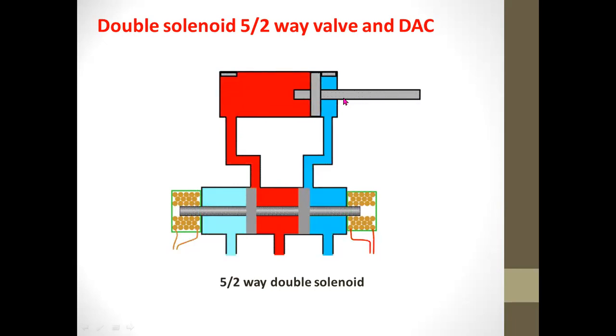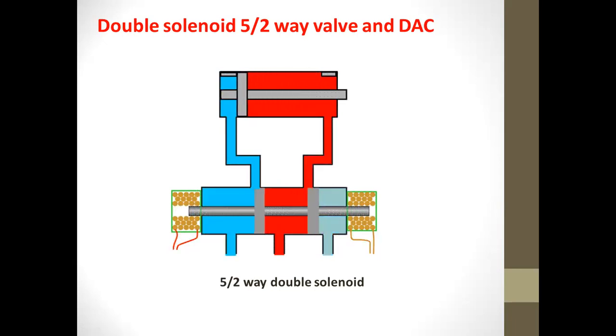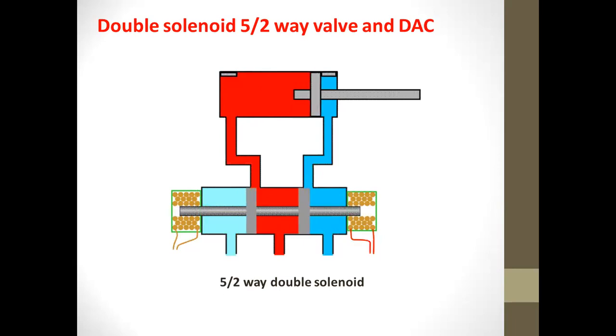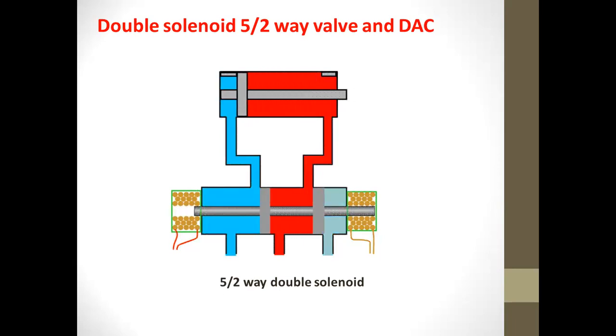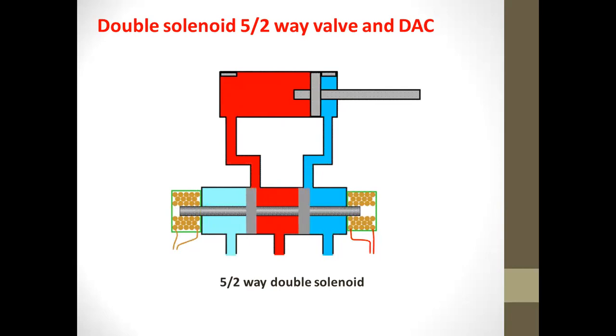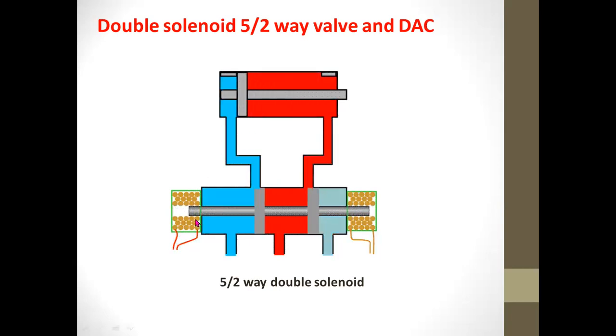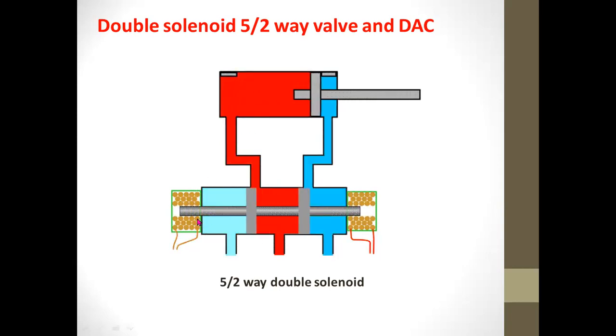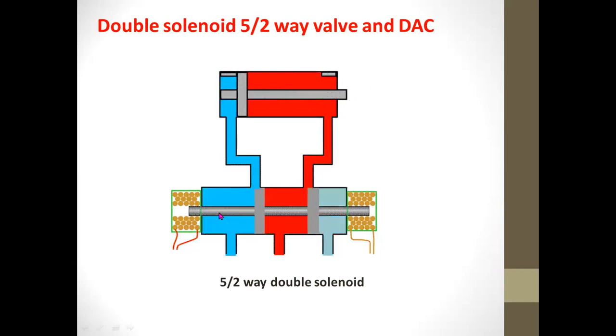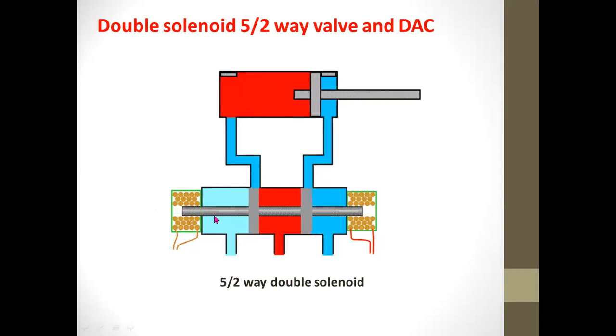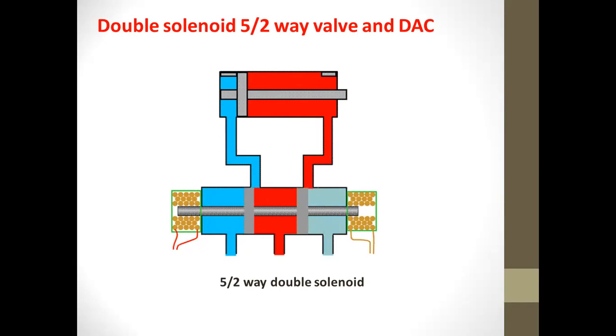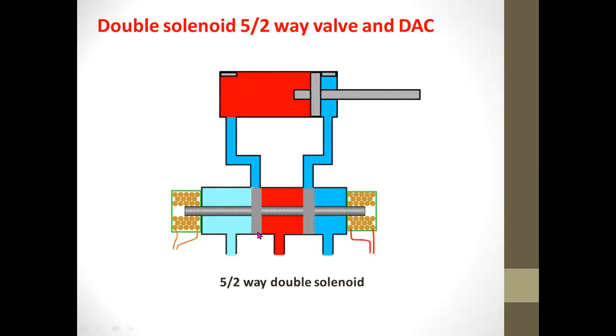Now, unlike with the single coil, you have to take note of this one. When you cut off the supply, the plunger, this one, does not return to the initial position because there is no spring present inside the solenoid valve.